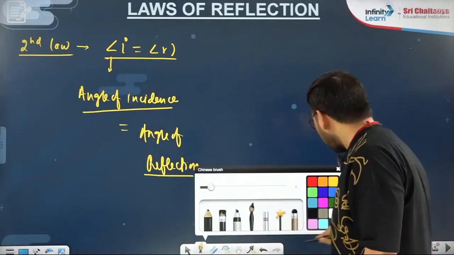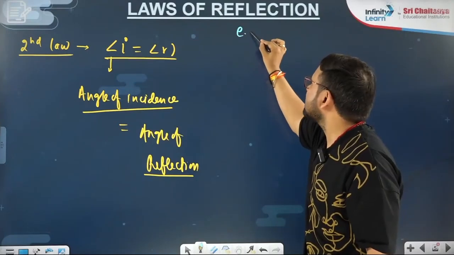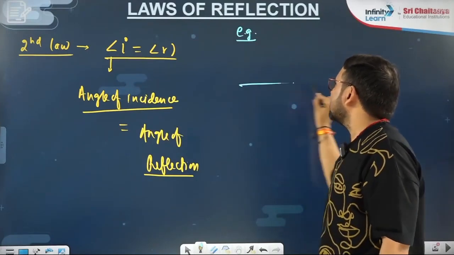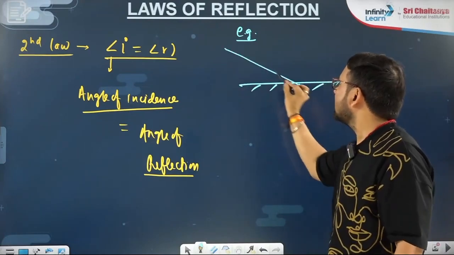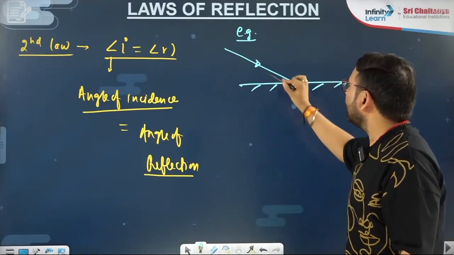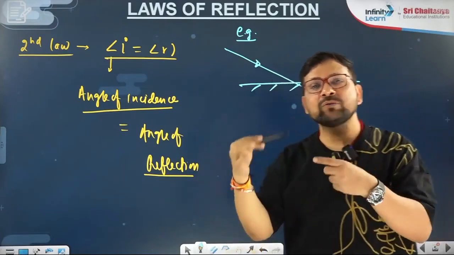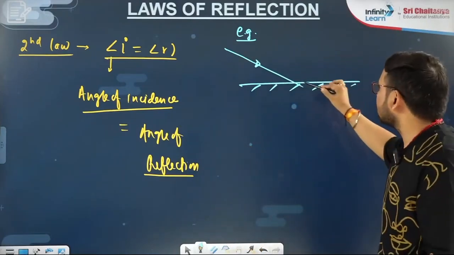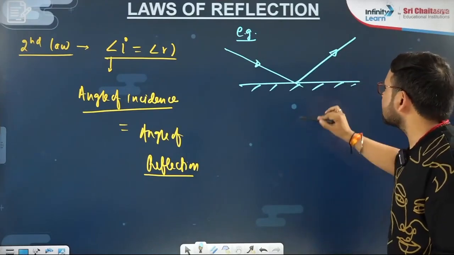On this, angle of incidence equal to angle of reflection, I want to test you with some concepts. First question, an example for all of you. This is the plane surface. On this plane surface, some light is falling. When light falls, obviously it will bounce back, and when light bounces back, that is called reflection.